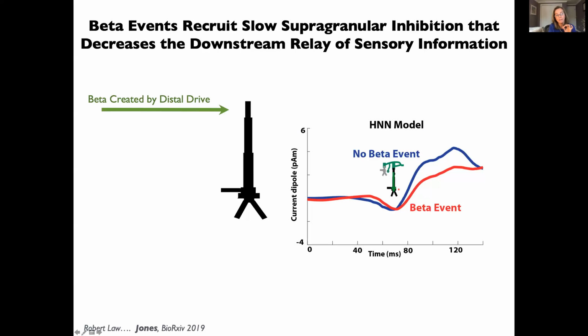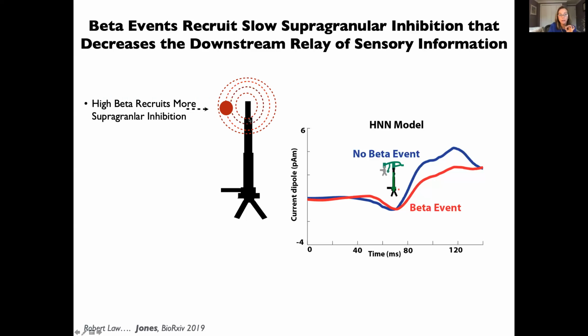Remember, these beta events are created by this strong input to the supragranular layers. This input is also recruiting inhibitory neurons in these supragranular layers. When you have a lot of inhibition out here before you tap the finger, then this feedback input that creates this negative deflection in the ERP can't get in. And if it can't get in, this signal is going to be stronger.